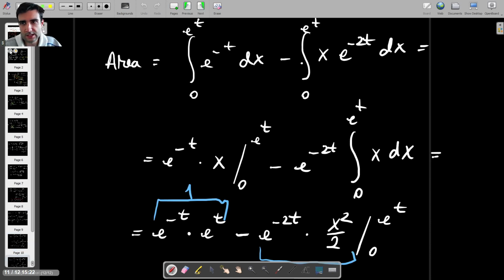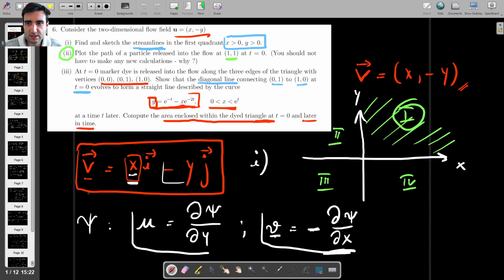Again, the first two parts of this problem were relatively straightforward, because we just had to plot the streamlines based on the stream function, where the velocities are basically the partial derivatives of the stream function.